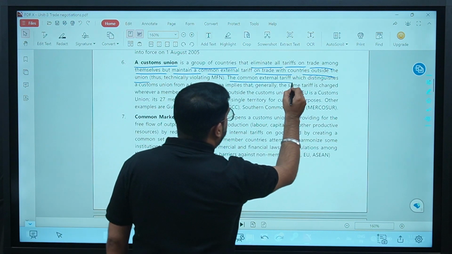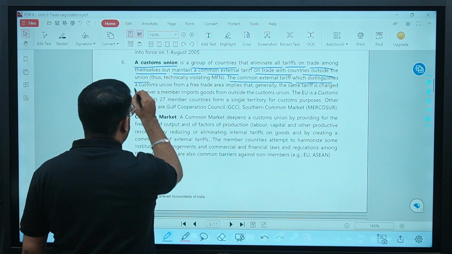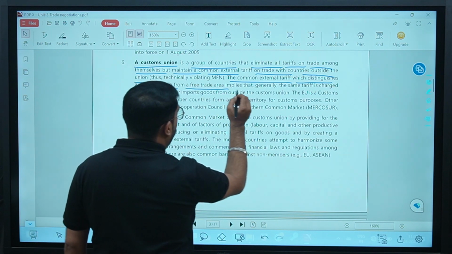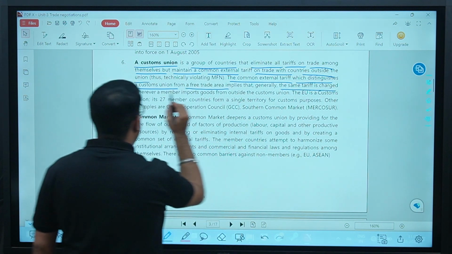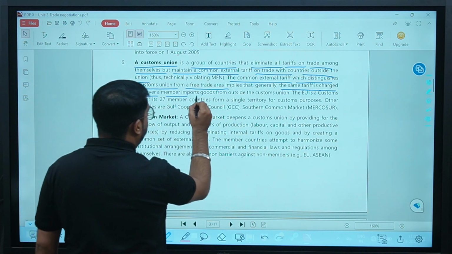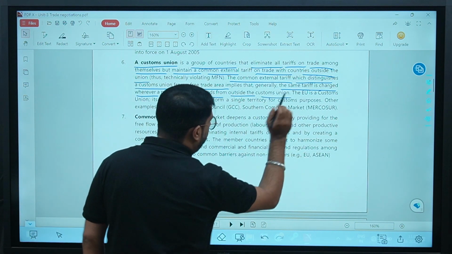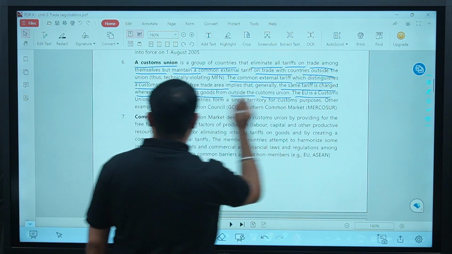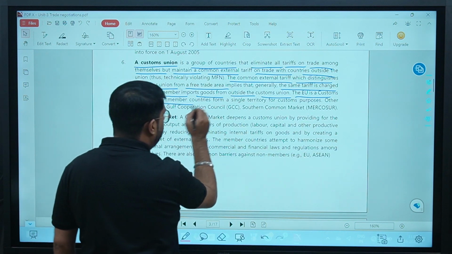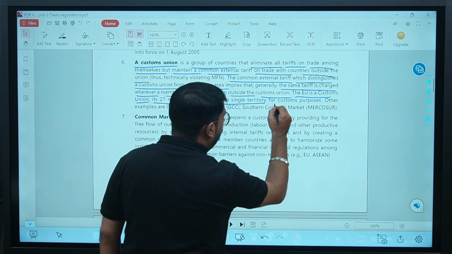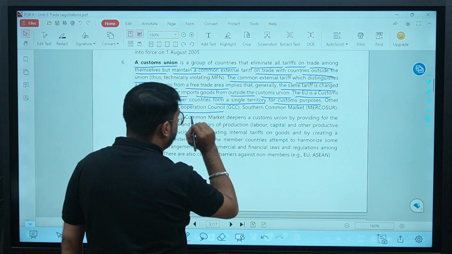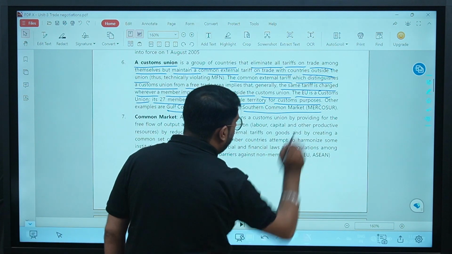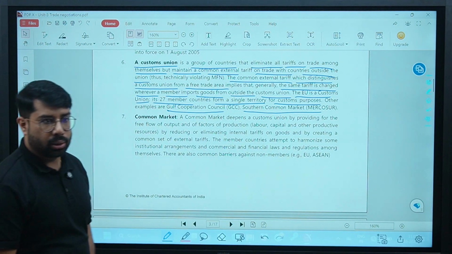The common external tariff, which distinguishes the customs union from a free trade area, implies that generally the same tariff is charged wherever a member imports goods from outside the customs union. The EU is a customs union. Its 27 member countries form a single territory for customs purposes. Other examples are the Gulf Cooperation Council and the Southern Common Market, that is Mercosur.